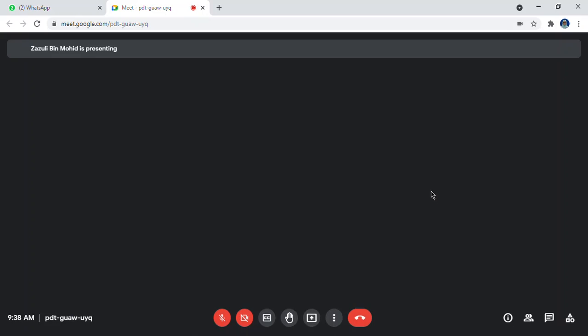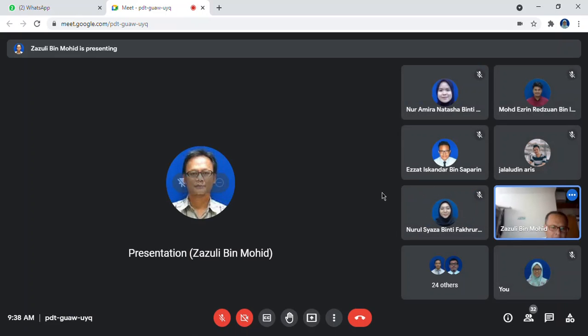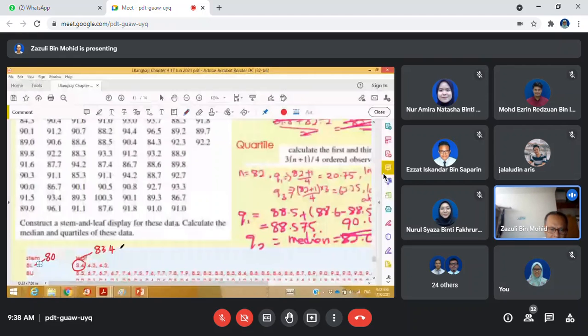That means your data is 80.4. We have 84.3. So this is the data which makes this leaf look like this.